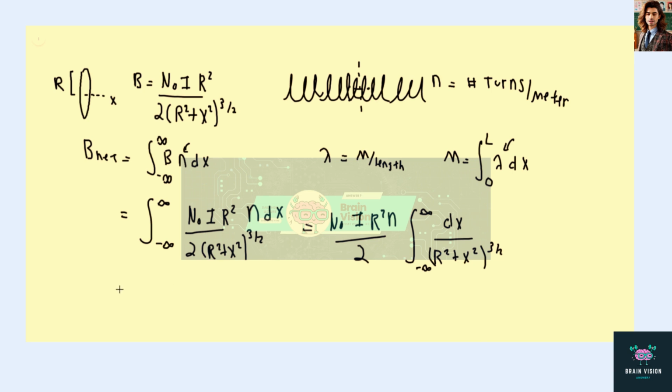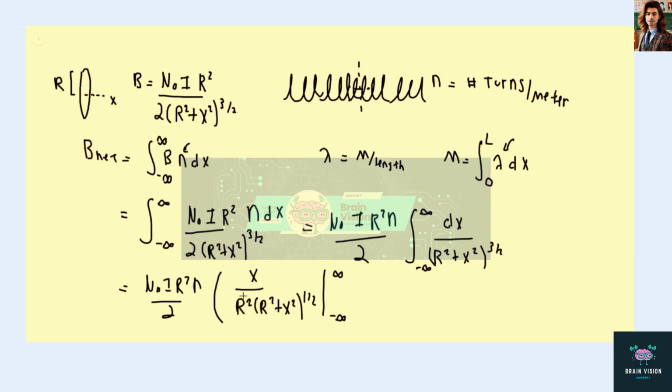And we should get that we still have this big constant, and then this is going to come out to be x over r squared times r squared plus x squared to the 1/2, evaluated from negative infinity to infinity.